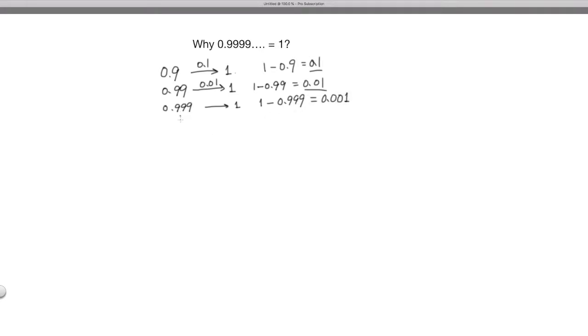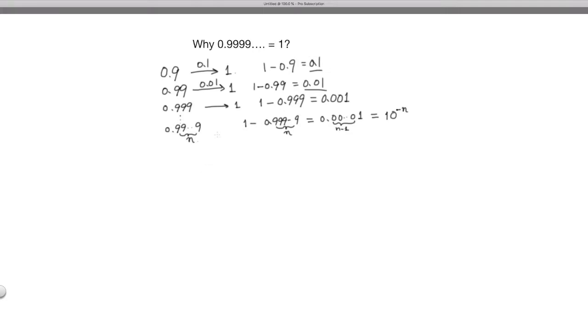And clearly, if you have n 9s, then the distance away from 1 is 1 minus 0.999 with n 9s, and that equals 0.0001 with n minus 1 zeros, or if you write it in scientific notation, 10 to the minus n.